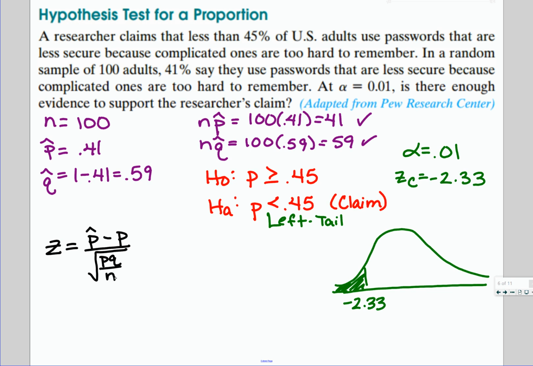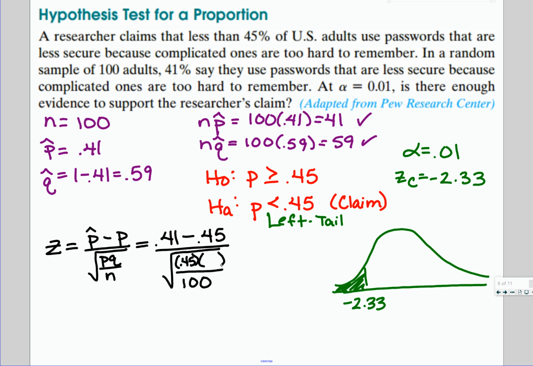Okay. So P hat is 0.41 minus P 0.45. My N I have 100. My P I have 0.45. We don't have Q, we have Q hat, which is different. So when we see Q down here, that means the population complement.